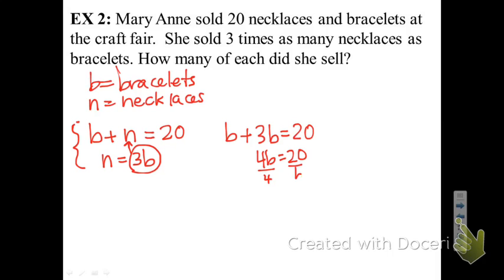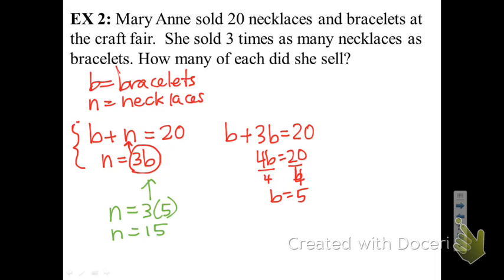Divide by 4 and divide by 4 there, and B equals 5. We can take what we know there with B equals 5 and substitute it into that bottom equation right here for B. So you get N equals 3 times 5, which is 15.